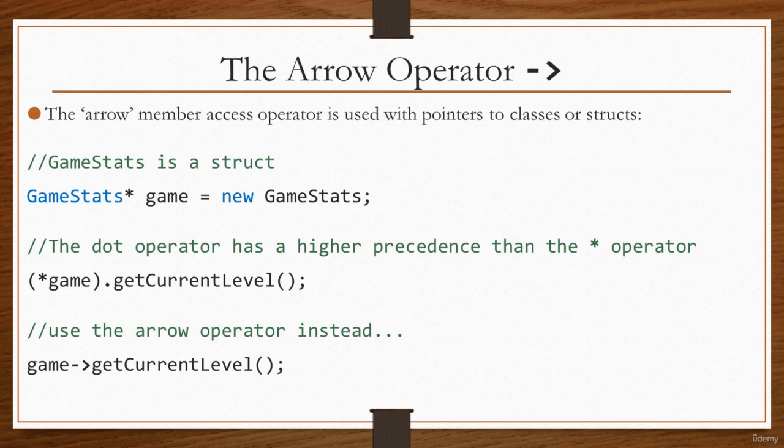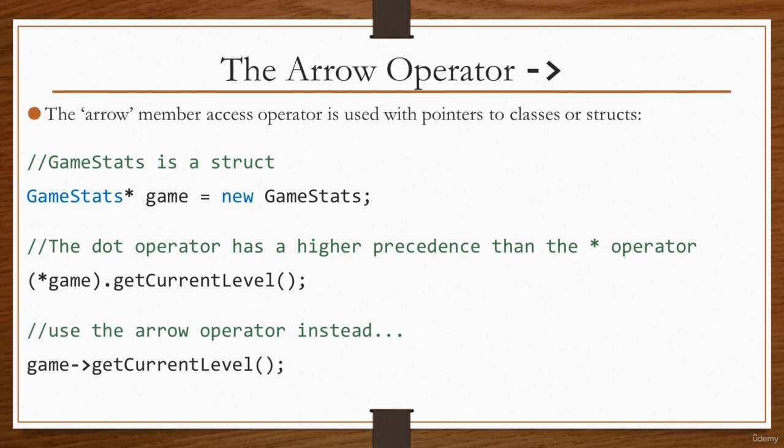So one way of accessing those members is you can dereference the pointer, and then you can do dot and then access the member. An important thing here is that the dot operator has a higher precedence than the star operator. What this means is we're going to have to place the dereferencing between parentheses so that we force that computation to happen first.